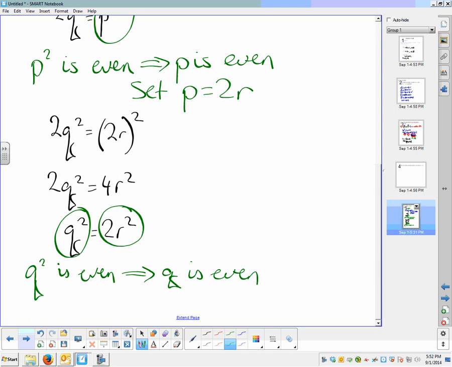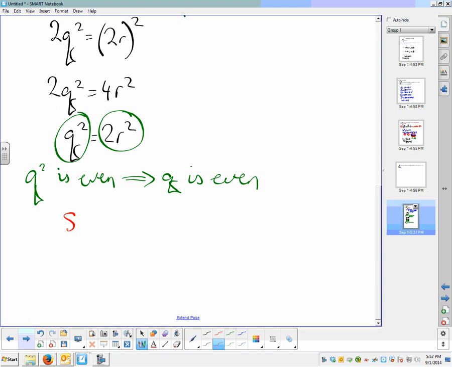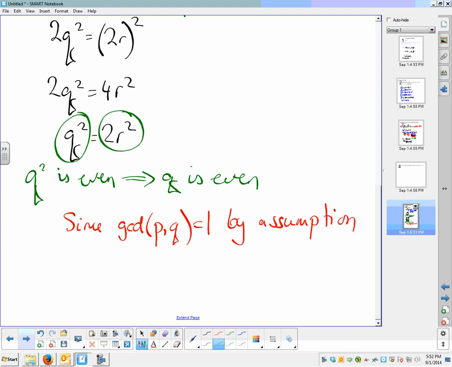But my initial assumption that I could write root 2 as a fraction p over q with no common factors prevents both p from being even and q from being even. That's not allowed. Since the GCD of p and q is 1, by definition, by assumption, then it's impossible for p and q to both be even.